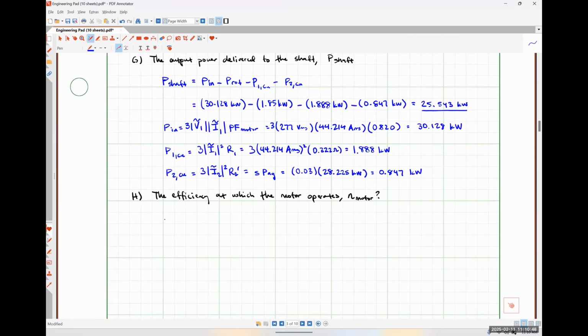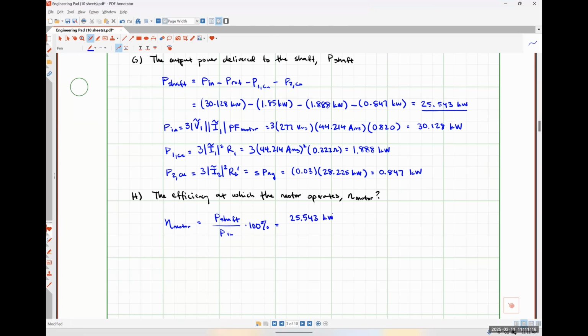P shaft over P. Exactly right. So because our output is the power delivered to our shaft, and the input is the electrical power into our system. And I'm going to multiply this by 100% so that we have it as a percentage, just because that's my preference.